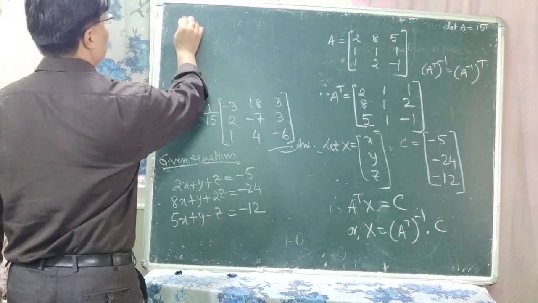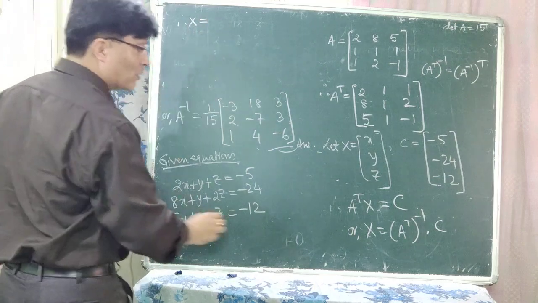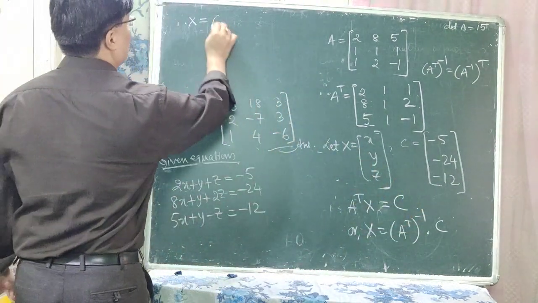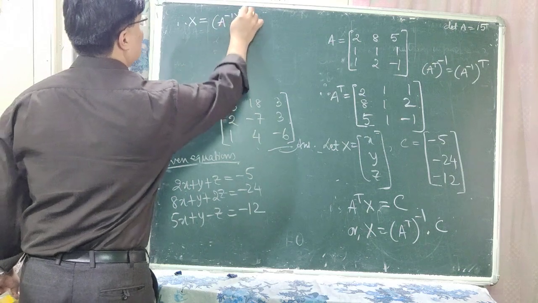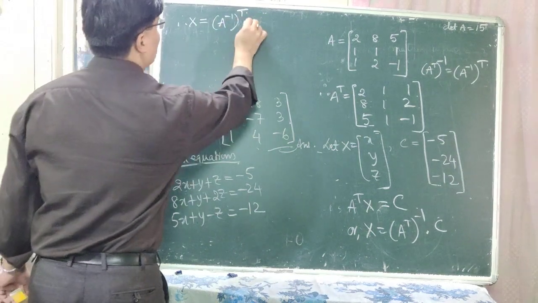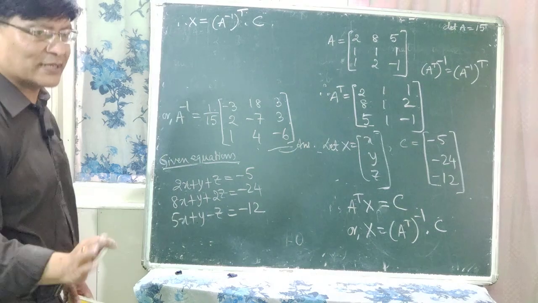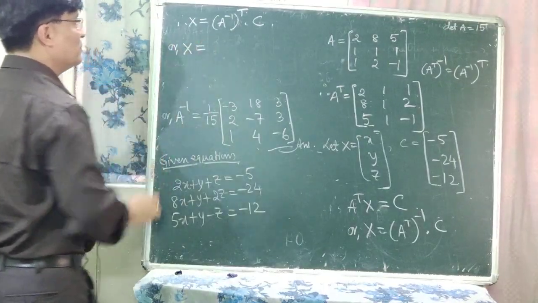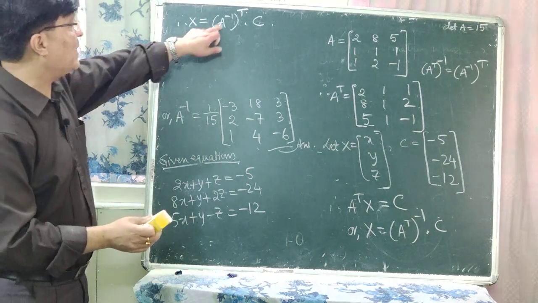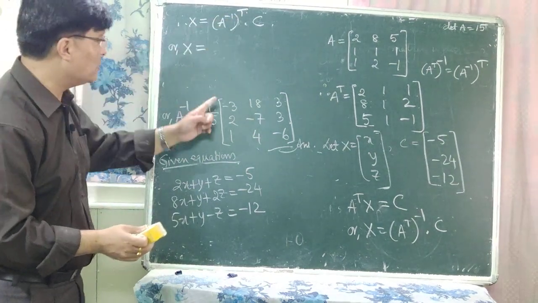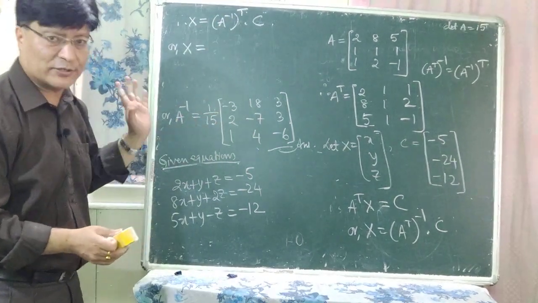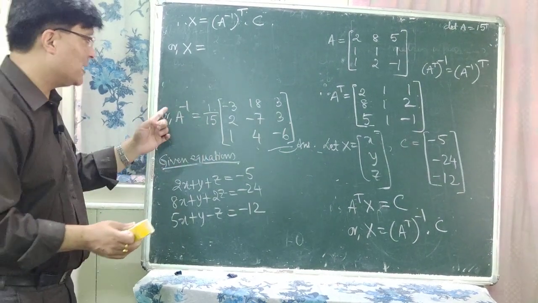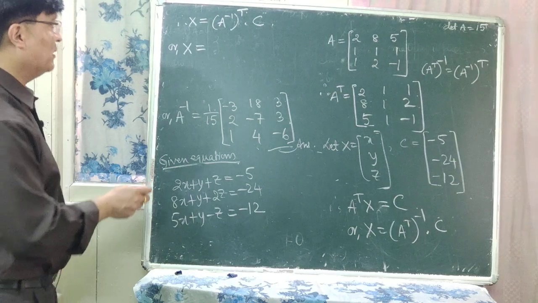So here you can write, therefore, capital X is equal to A transpose inverse, which can be written as A inverse transpose dot C. Is that clear now? How can you get A inverse transpose? You have to transpose this A inverse, that means change rows into columns and columns into rows in the matrix A inverse.